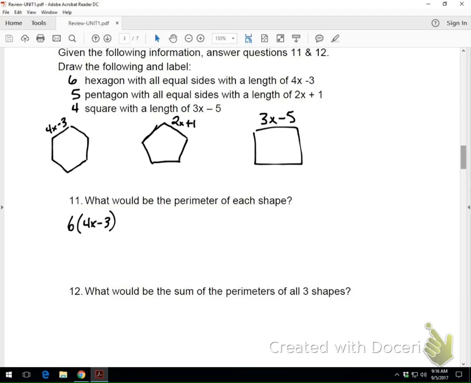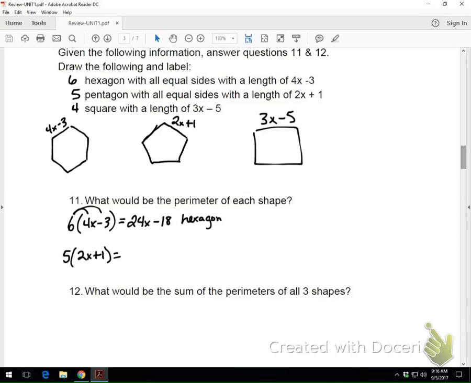So this is for the hexagon. What's 6 times 4x? 24x, and then 6 times negative 3? Negative 18. That's for the hexagon. Now for the pentagon, multiply it by 5.